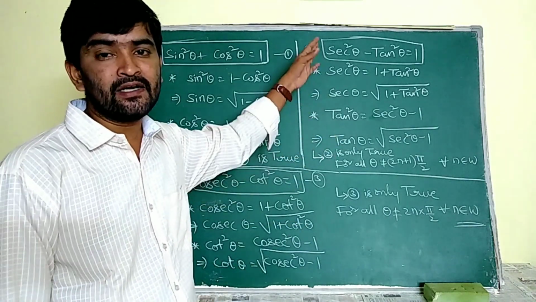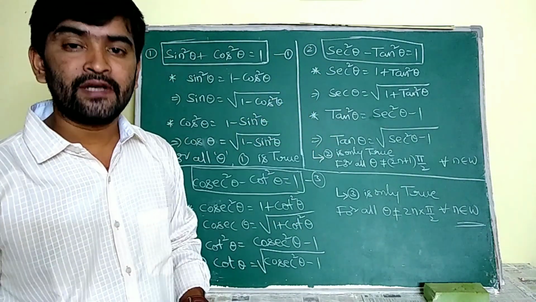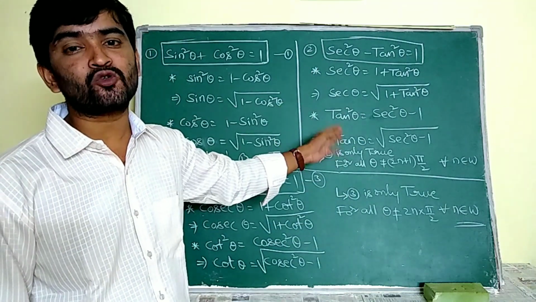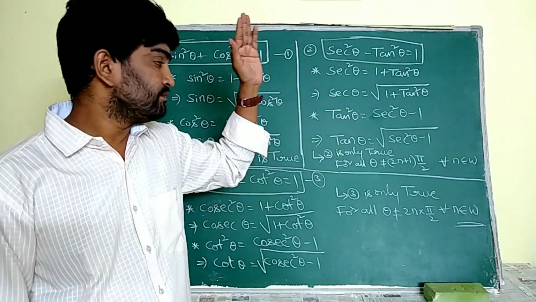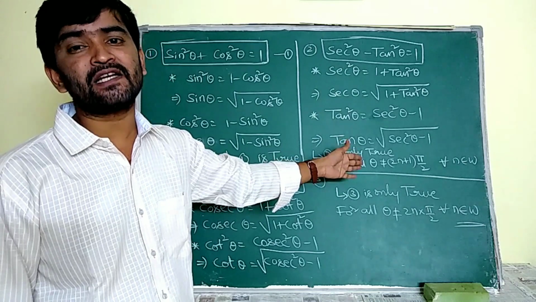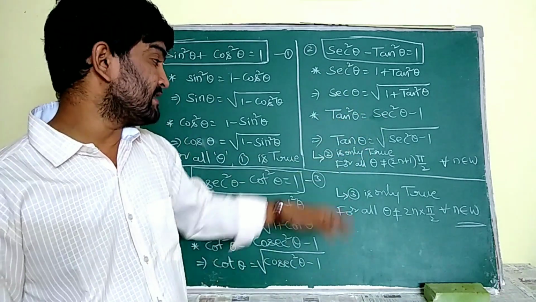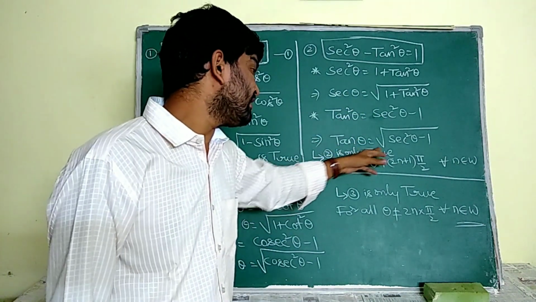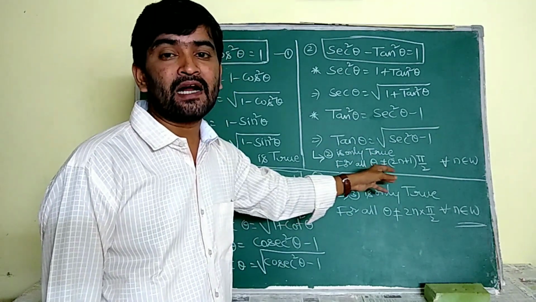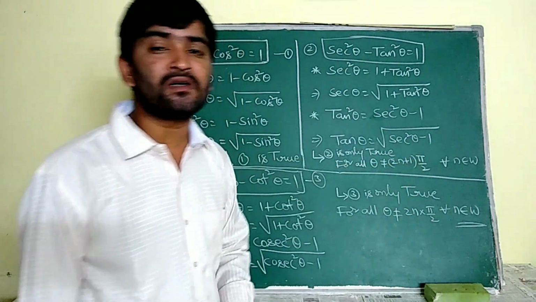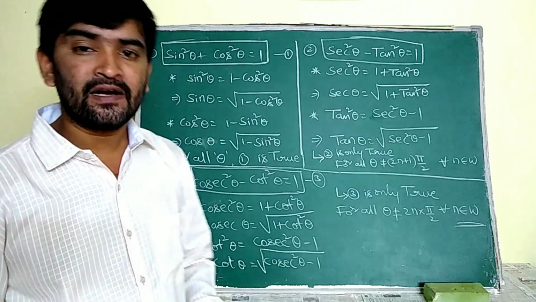This is identity 2 and its related formulas. We know that this identity 2 is true for all theta except odd multiples of 90. That is why identity 2 is only true for all theta not equal to 2n plus 1 into 90, that is, odd multiples of 90.